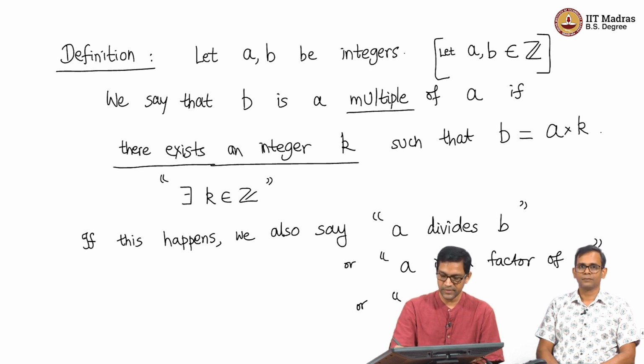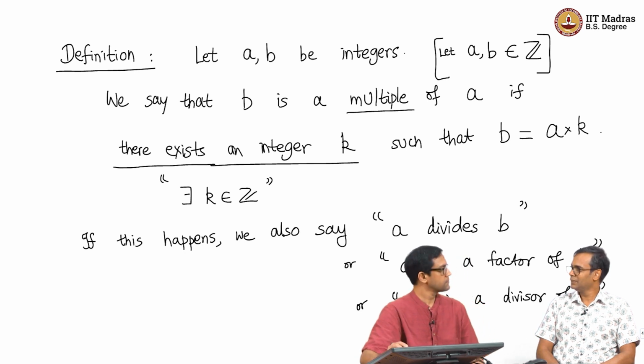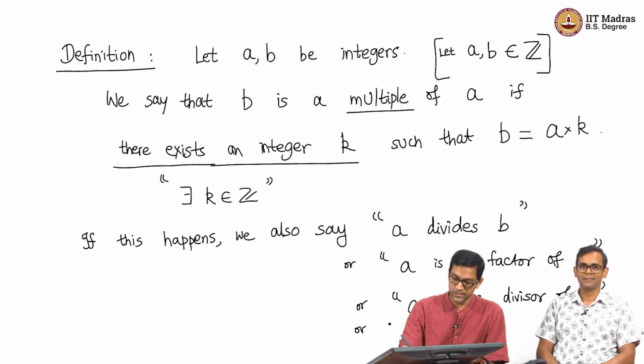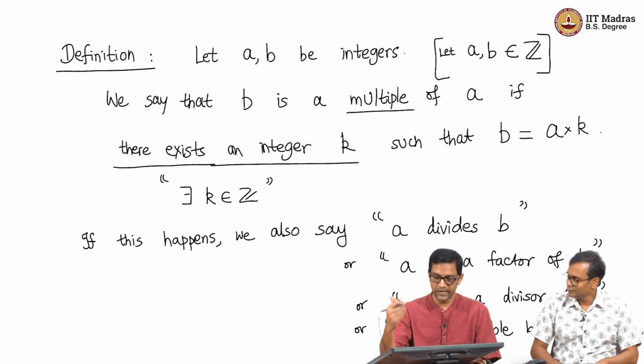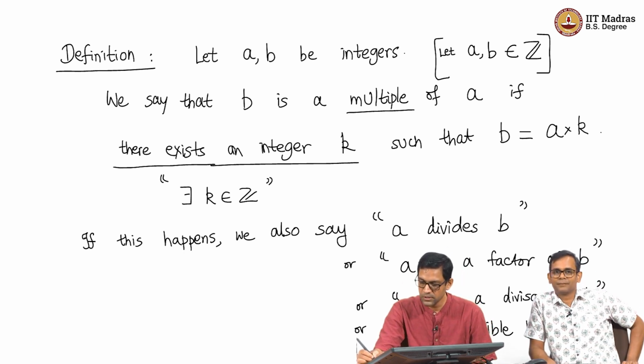So these are all words which mean the same thing. Also, b is divisible by a. So you can think of all of these as really being the same definition, just slightly different English words to speak of the same concept. Now, so that's the formal definition.